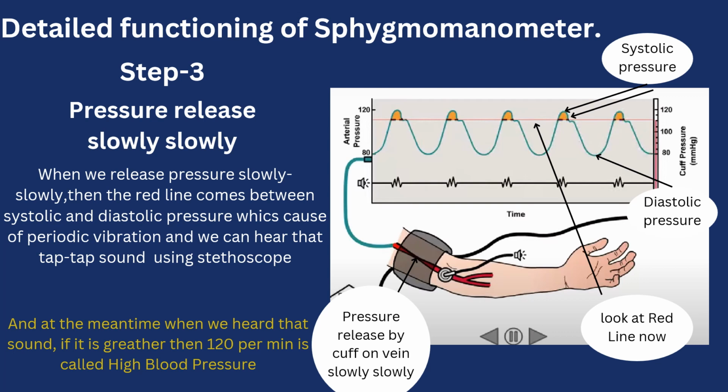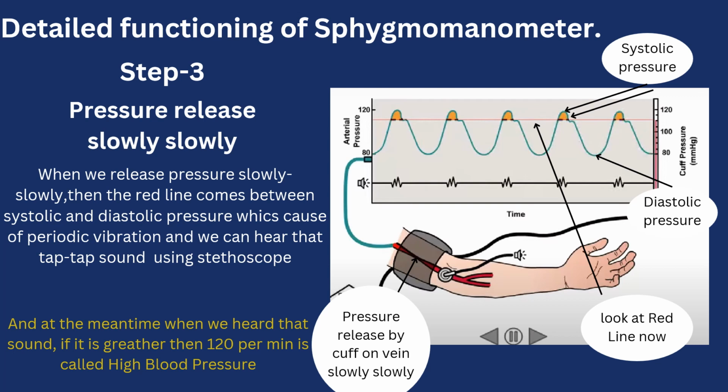Let's come to the third step. The third step and fourth step are very important. Pressure is released slowly. When we release pressure slowly, the red line comes between systolic and diastolic pressure, which causes a periodic vibration, and we can hear that sound using a stethoscope.